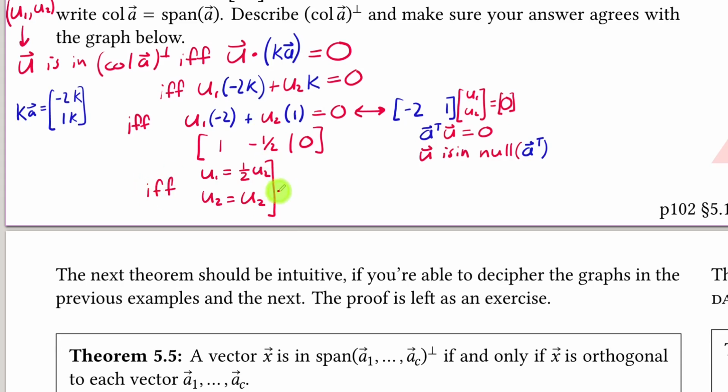So this is equivalent to saying u is in the span of the vector (1/2, 1).